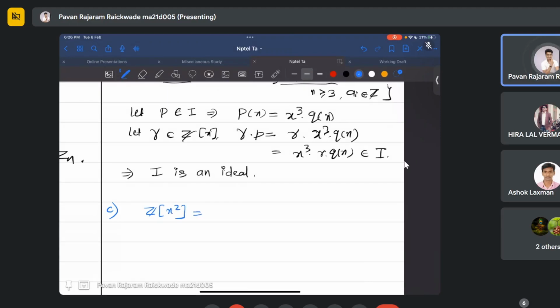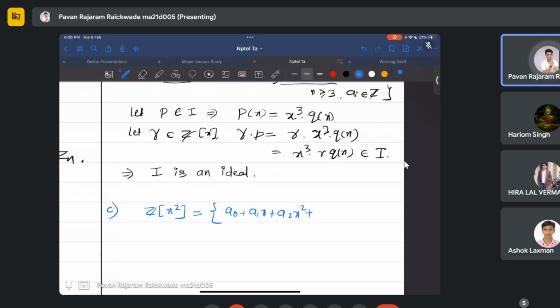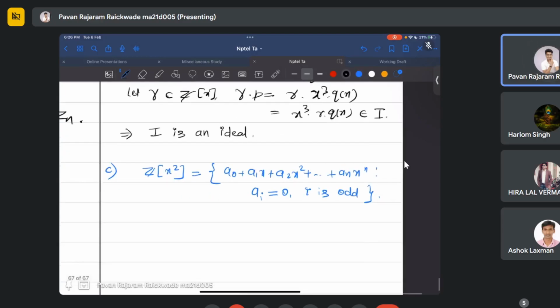That is the set of all p(x) where, if I write a0 plus a1 x plus a2 x squared until an x raised to n, such that ai are 0 when i is odd. Is this an ideal? That's the question.